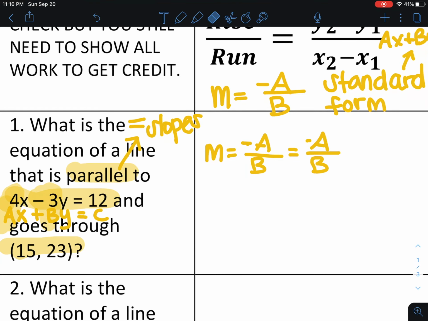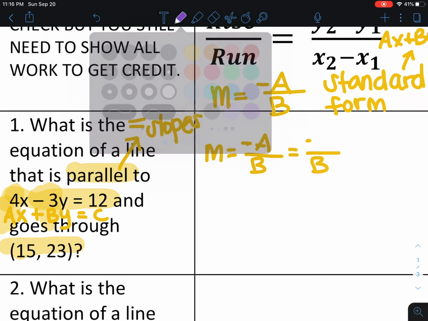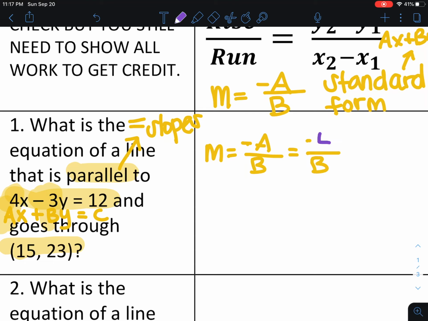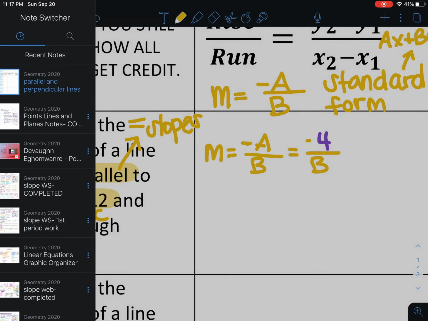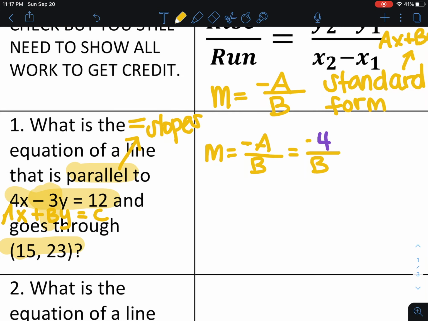So I'm going to erase a, and I'm going to replace it with, what was a again? 4. And just for clarification, let me go on ahead and clean this up a bit. Oopsie. Okay. I'm going to even use the same color highlighter so that that makes a little bit more sense.